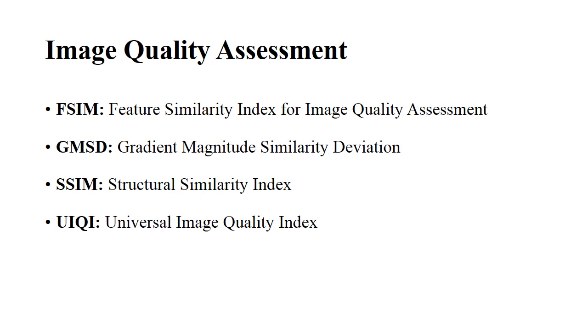No, there are several available, of which the most commonly used is the structural similarity index. That's why everyone must get into this one, and that's why I introduced it. Several others are defined, that is FSIM, GMSD, SSIM, which we have already gone through, and UIQI. These are the various image quality assessments we have.